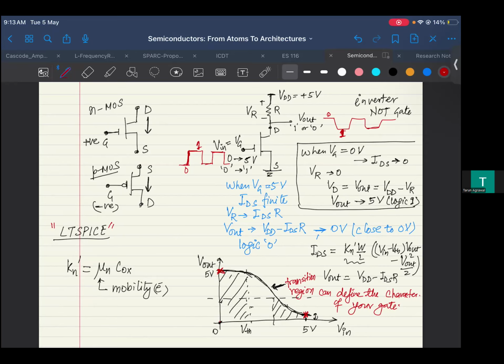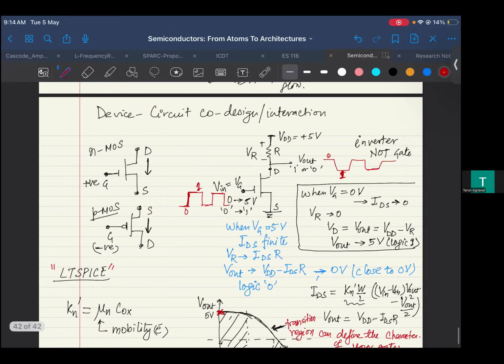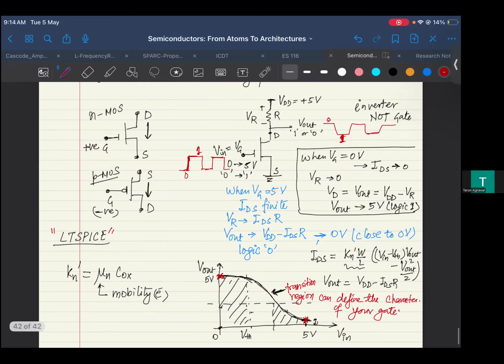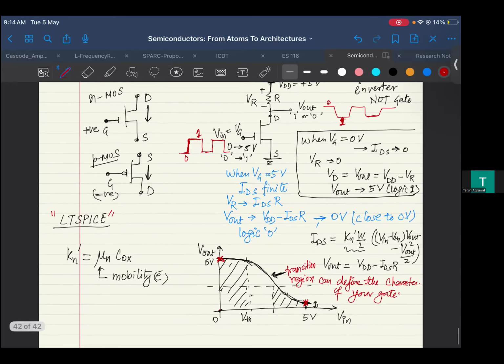Okay, so with that I will close here, but there is obviously more coming when we go into the field of device. Here there is a very clear way of seeing how the device parameters directly affect my circuit performance, which is the gate.